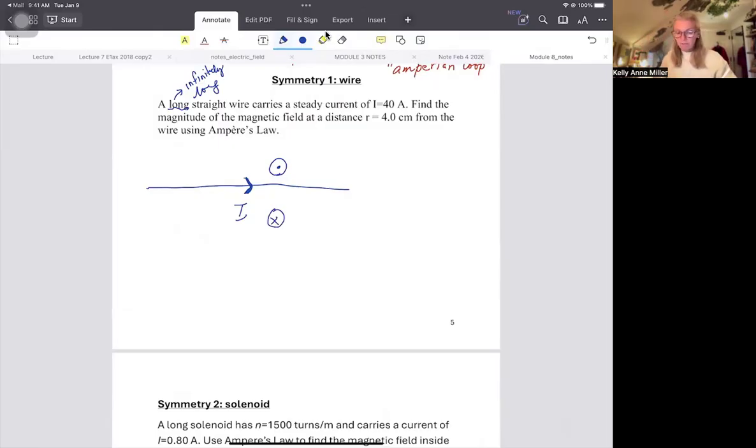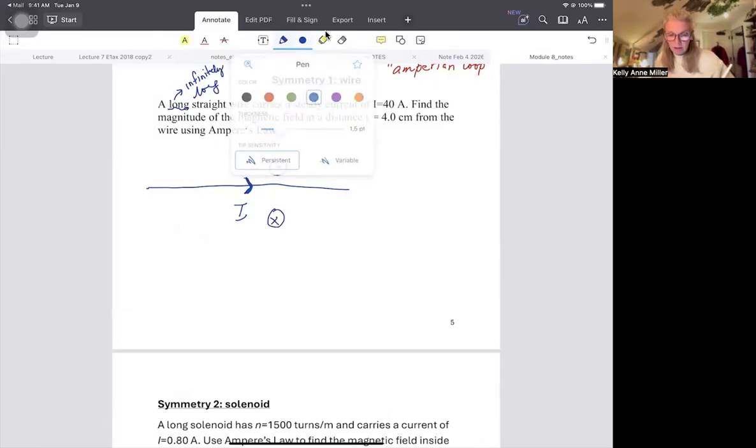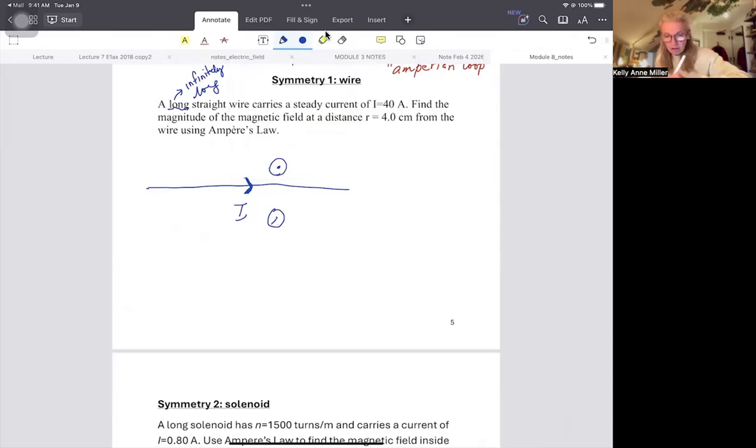Actually, sorry, I'm going to draw it a different color just to be clear. So pointing my thumb in the direction of the current, it's coming out of the page above the wire, going into the page below the wire. So it's forming these closed loops around the wire.